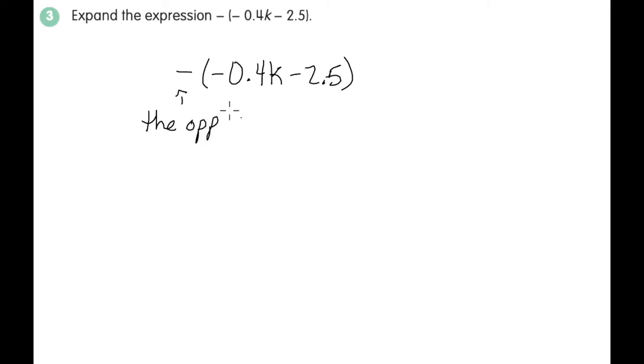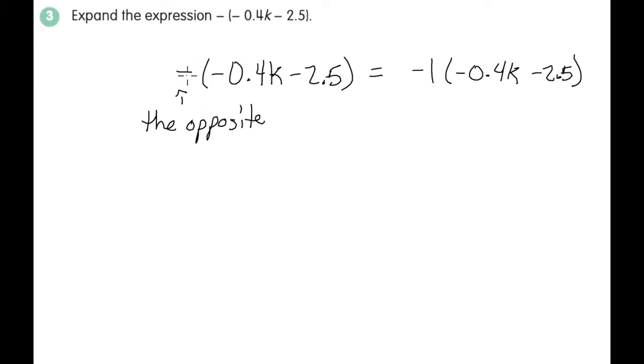So we could say that this is the opposite of the difference of a negative 4/10 k and 2 and 5/10. So that negative sign means the opposite of, or we could also rewrite this as a negative 1 on the outside times the difference of 4/10 k minus 2 and 5/10.